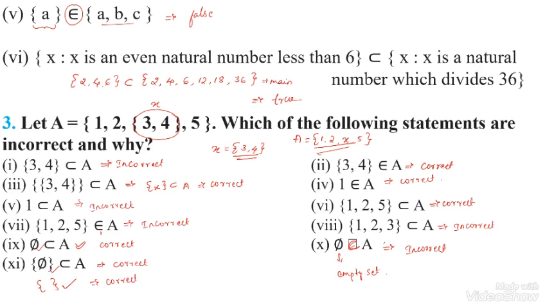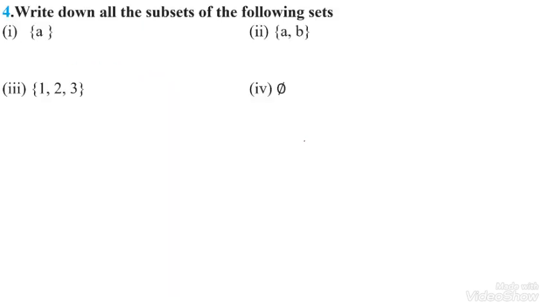When you give an example like this, you have to make the example in the simplest form, that is A = {1, 2, x, 5}. That time it is very easy to solve the problems.